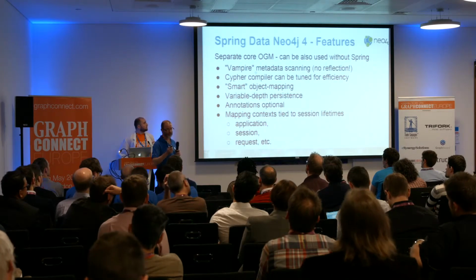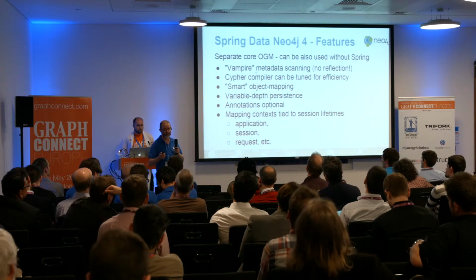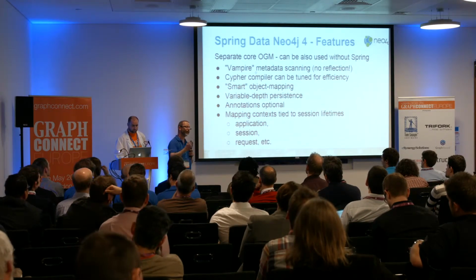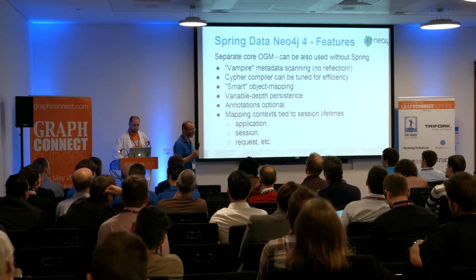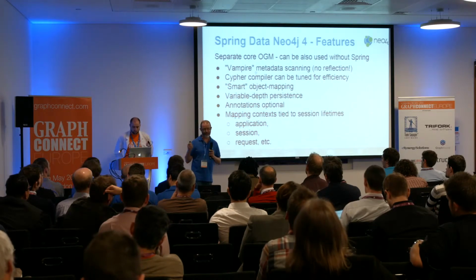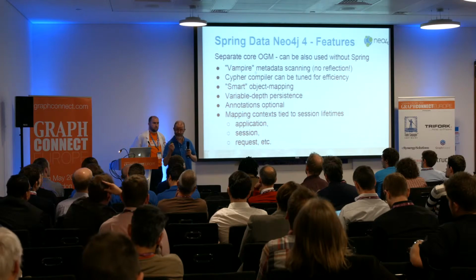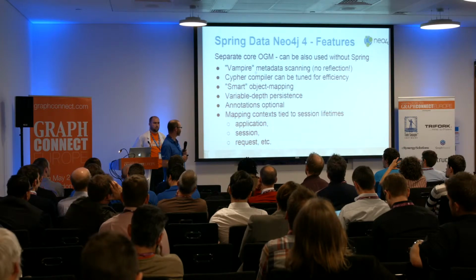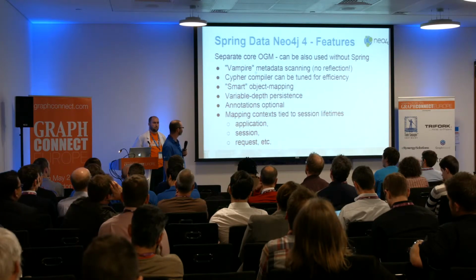And although it sounds like it's something you only do once, so maybe it's not that important, in fact, if you think about a larger kind of infrastructure where maybe you're running lots of different microservices and Neo4j is installed in those microservices, and one of those servers goes down, you want to be able to start up super fast. You don't want to be spending lots and lots of time re-scanning all your domain model again.